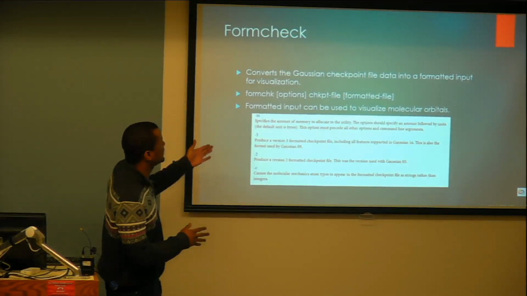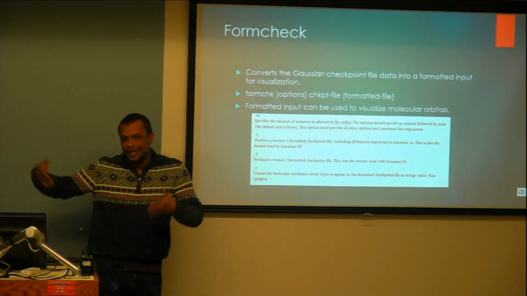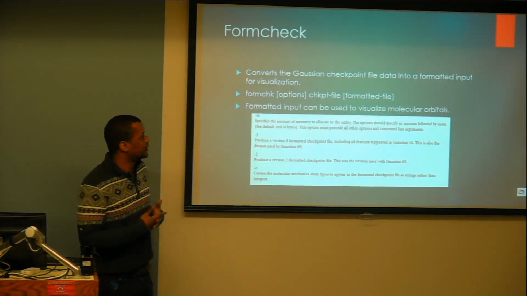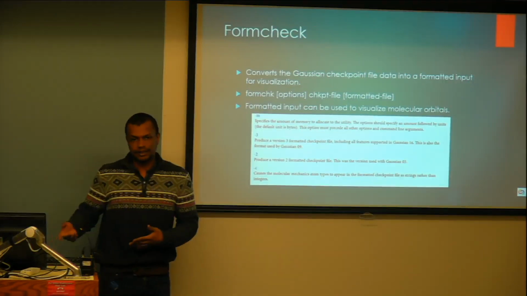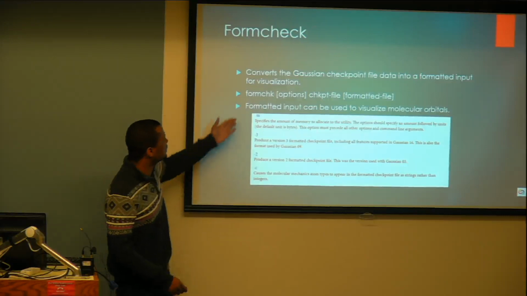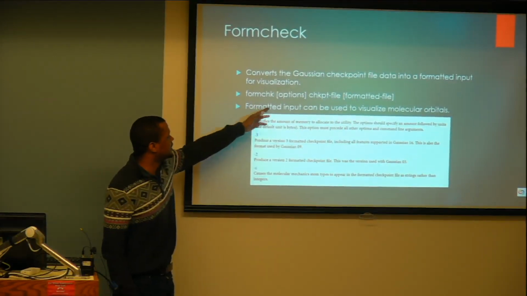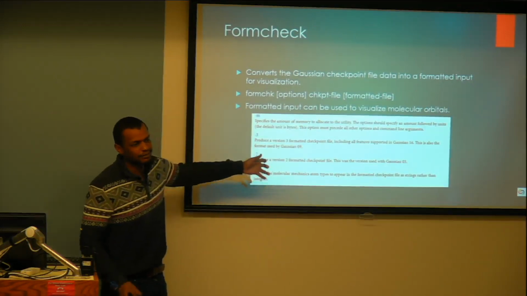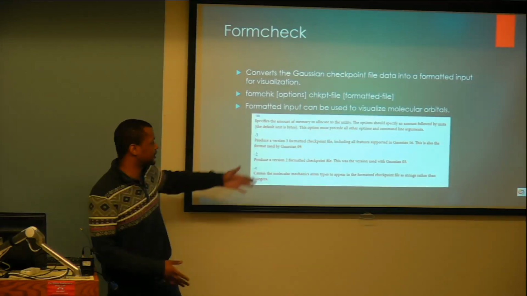This checkpoint file is formatted into another type of file that we call the formatted checkpoint file, which can be used as an input to visualize the molecular orbitals. This is how it's written: formchk, and then the options, which differ between versions of Gaussian.